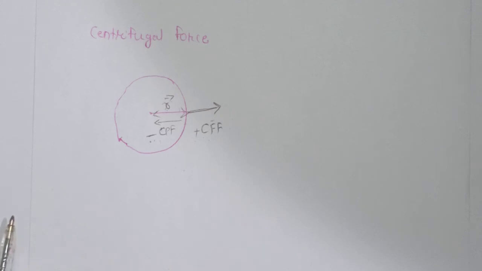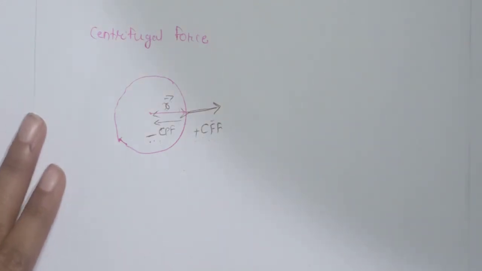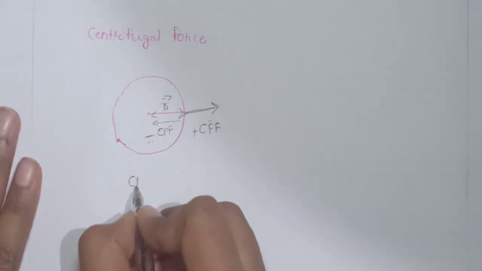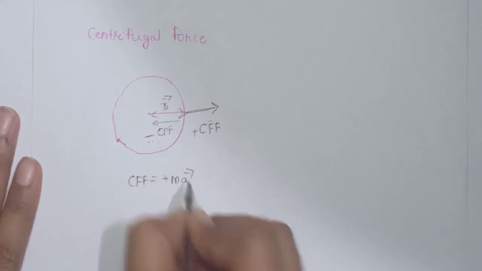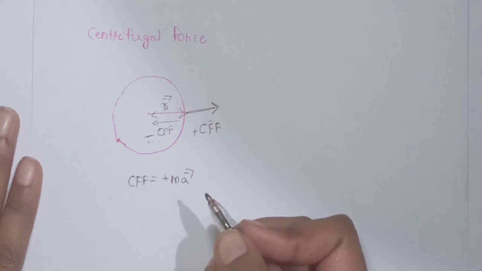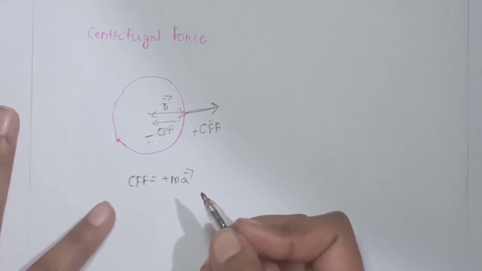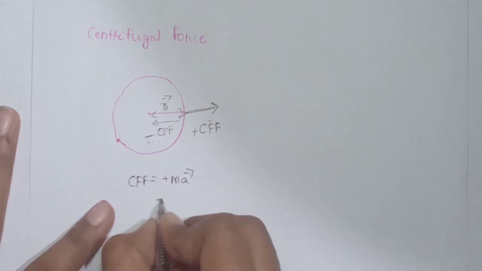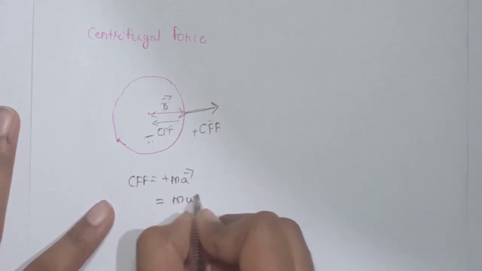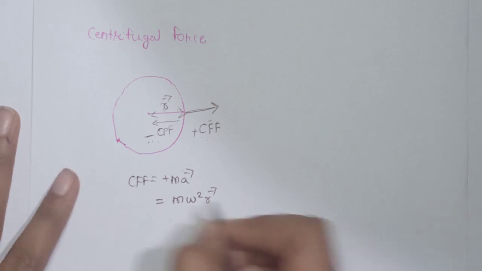So centrifugal force CFF will be equal to plus vector ma. In the earlier case we had a negative term. So you may write this as m omega square vector r.